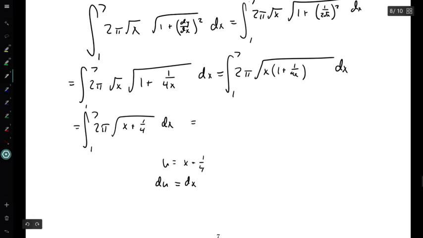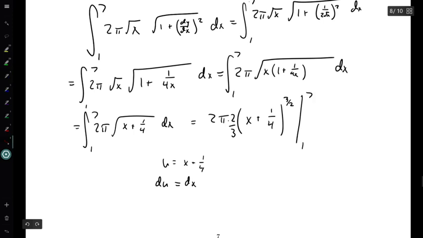At this moment, we've done a lot of practice with these u substitutions, so I'm going to start working on them without showing you all of the details. In this case, you can probably guess that the antiderivative here is x plus 1/4 to the 3/2 times 2/3. We want to evaluate from 1 to 7.